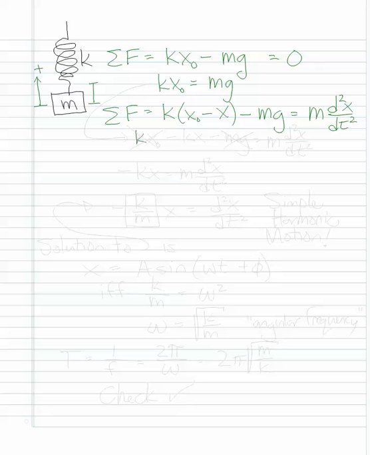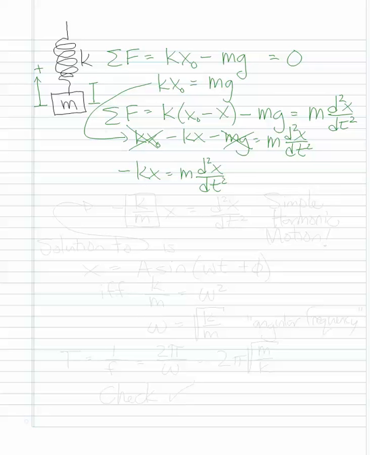So I distribute through and I find that k x naught minus k x minus mg is equal to m times the derivative. So I know from the first part that these two cancel out, and what I'm left with is minus k x is m d squared x dt squared.